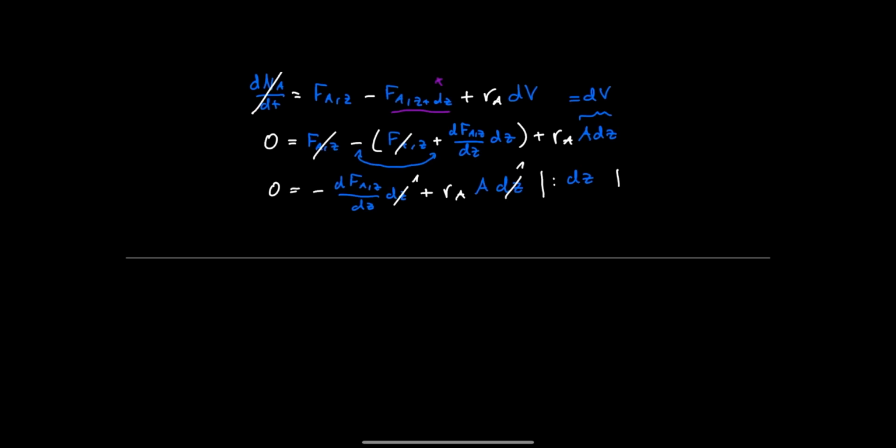And in the next step, we will add the change of Fa with respect to z to both sides to bring this term to the left side of our equation. So dFa with respect to z is equal to the reaction rate of the species A times A.